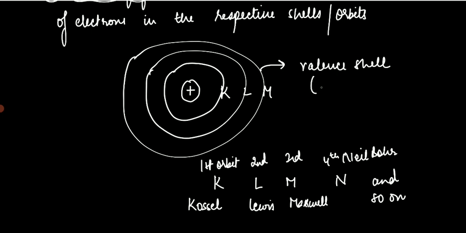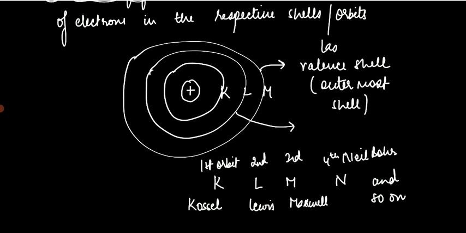So valence shell is the outermost shell. If we have two shells, the outermost shell is going to be the second. If we have four shells, the outermost shell is going to be the fourth, like that. So valence is the term for outermost. Then the second last shell.